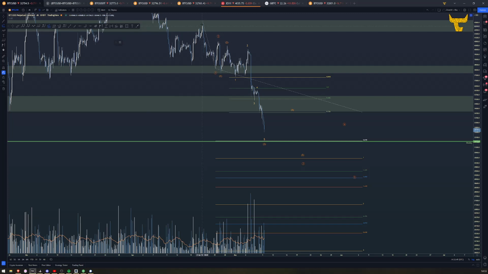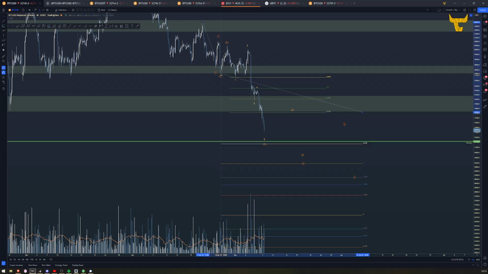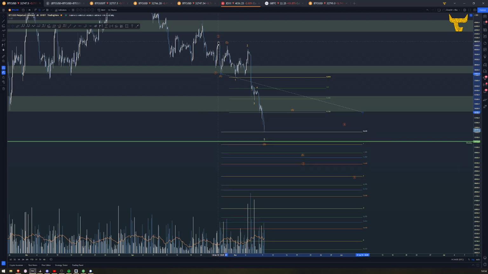And let's check back. Sorry, I made a mistake. That's the one I should have taken for the target for the fifth. Sorry, it's not that spread. Still spread, but not as much. Let's take this on a wave 5 target.